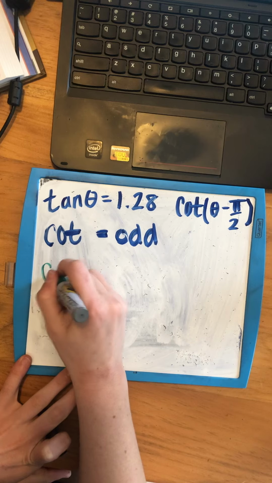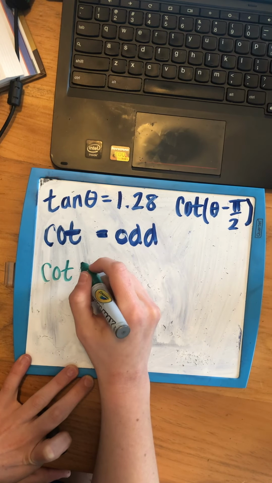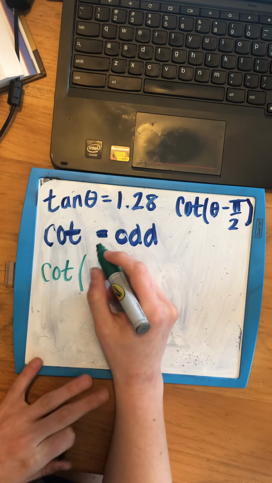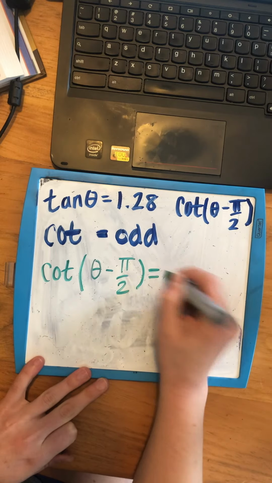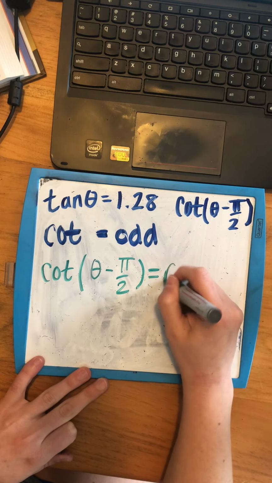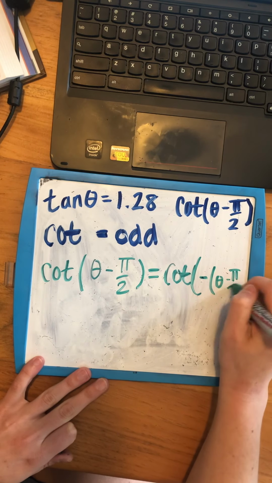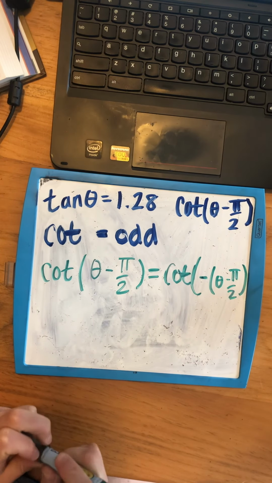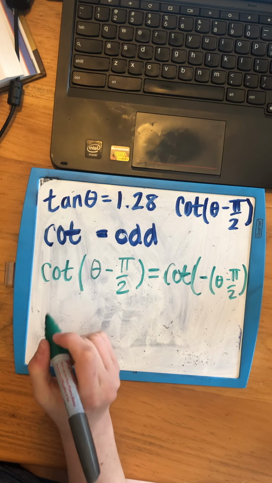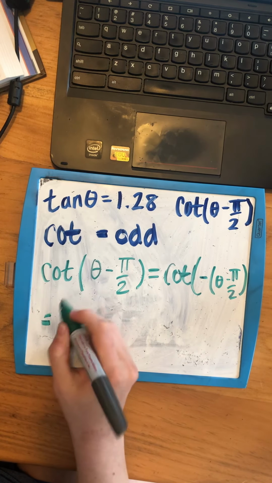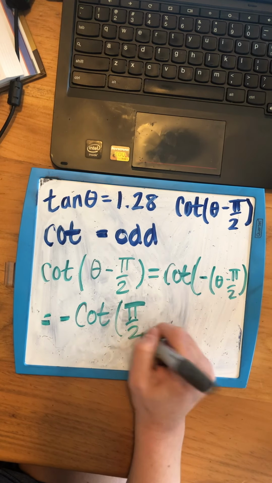that cotangent of theta minus pi over 2 is equal to cotangent of negative theta minus pi over 2. Which, if we take out the negative, we just get negative cotangent of pi over 2 minus theta.